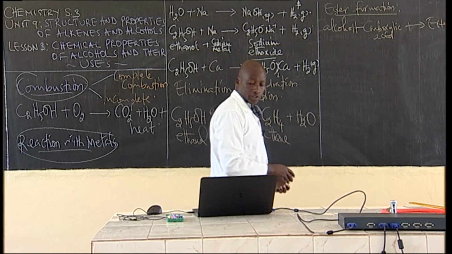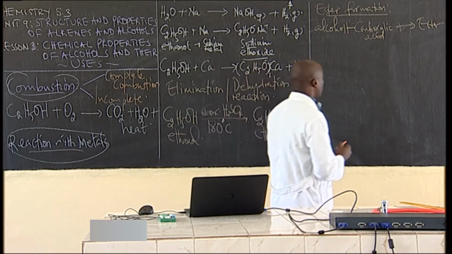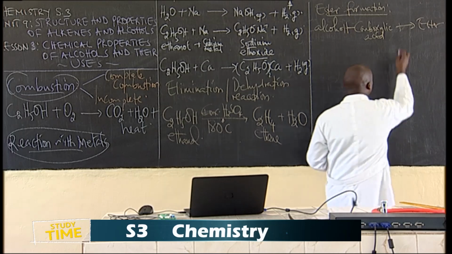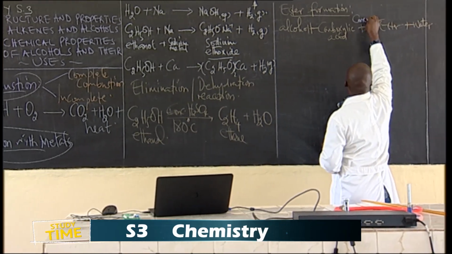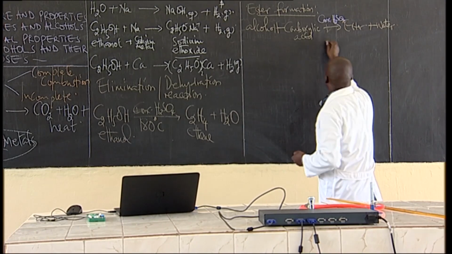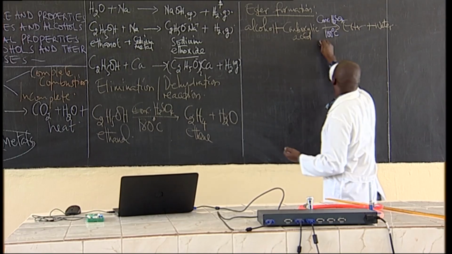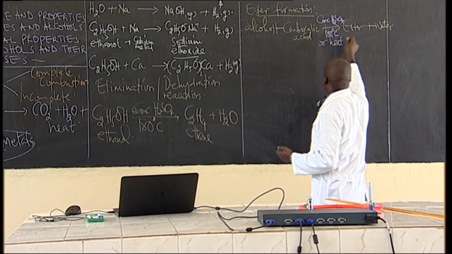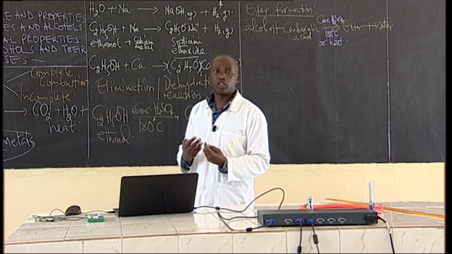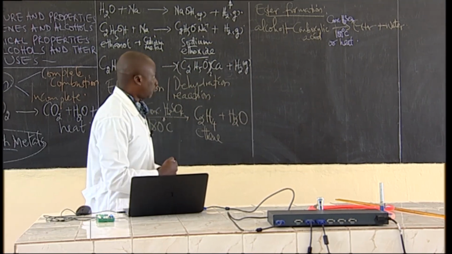But this reaction takes place under specific conditions. Concentrated sulfuric acid, and at temperatures of about 100 degrees Celsius, or you can say heat alone is enough. So those are the conditions I'm referring to and which you should not forget.